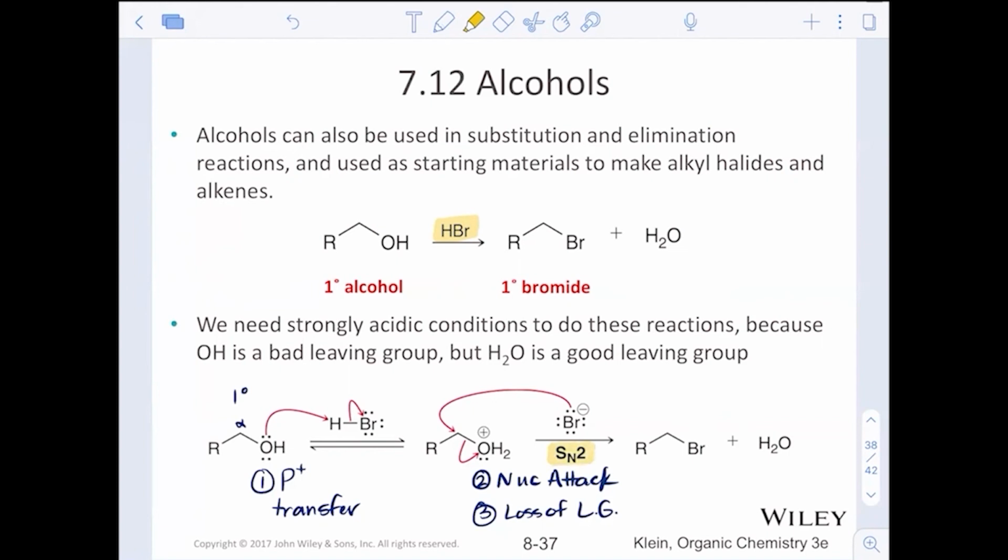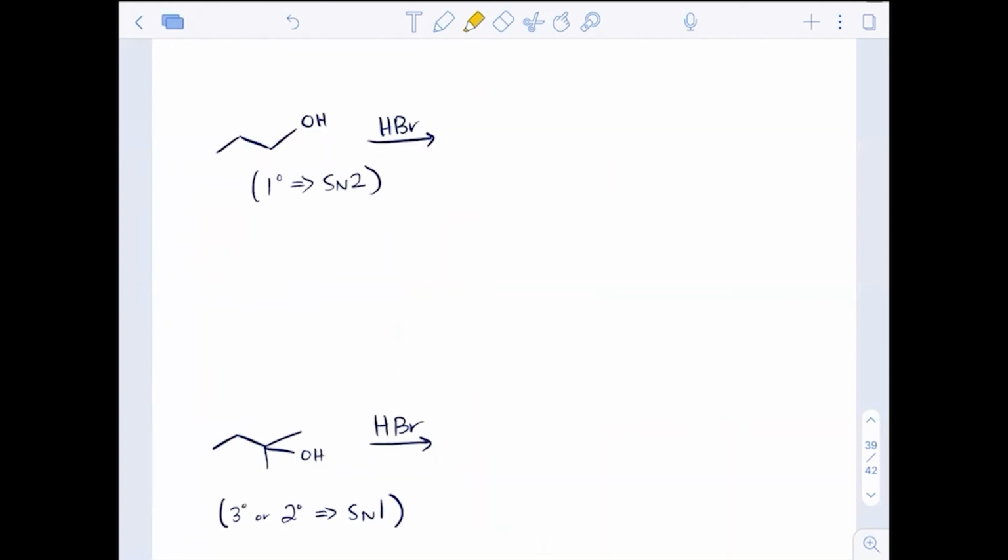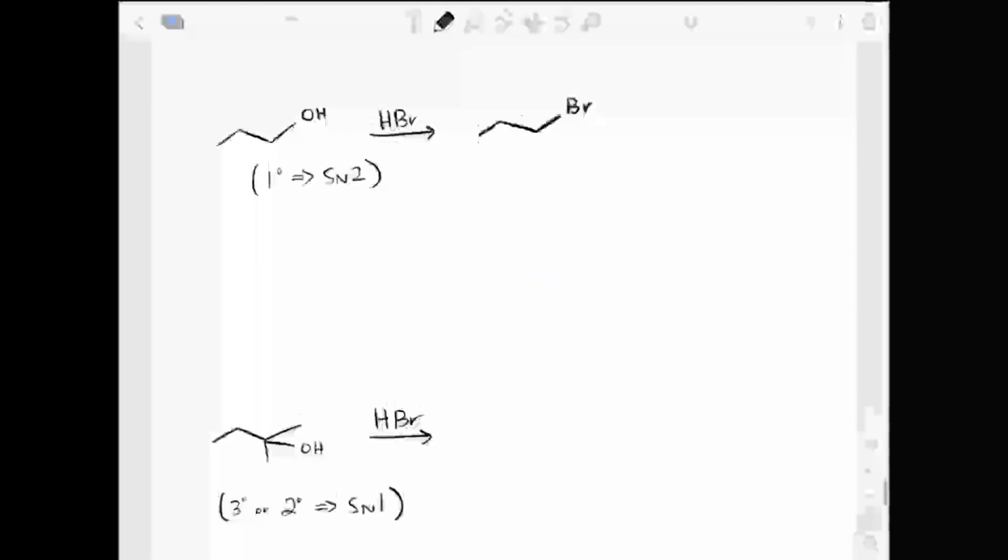If you have a secondary or a tertiary, you will undergo SN1 conditions, carbocation intermediate, loss of leaving group happens first, and then you will have your nuke attack. So again, SN2 conditions, we can make our primary alcohol into a primary alkyl halide via our SN2 reaction.